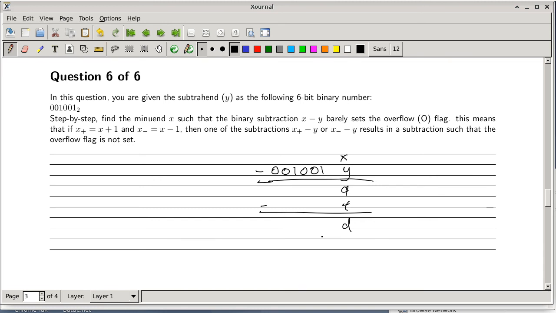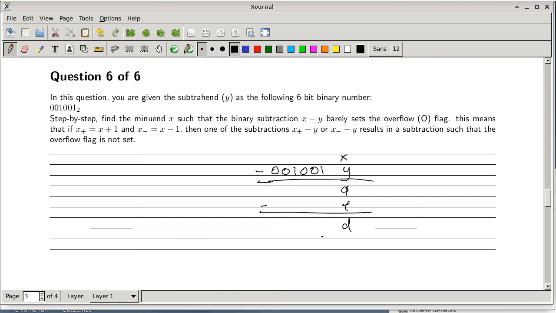So if we're setting the overflow flag, only knowing this much, can I tell what the most significant bit of X should be and what the most significant bit of D should be? Yes. X should be a 1, D should be a 0. This should be a 1, and that should be a 0.